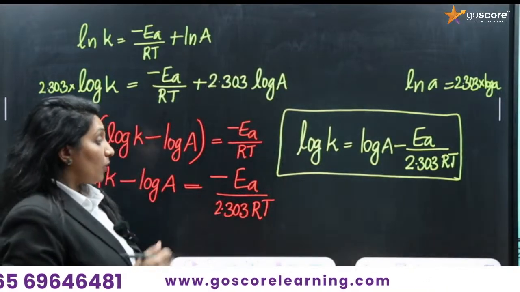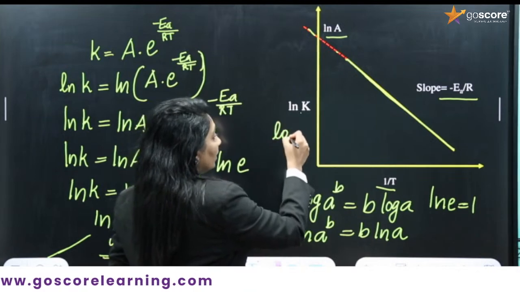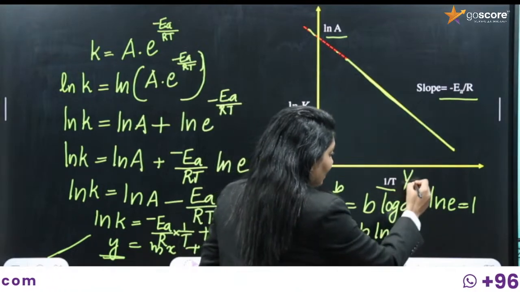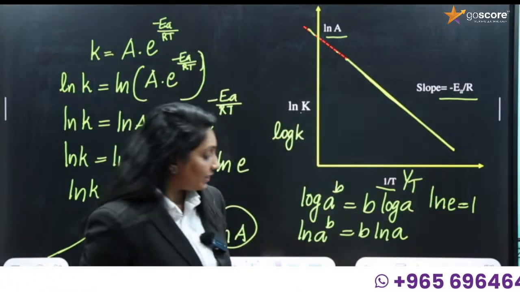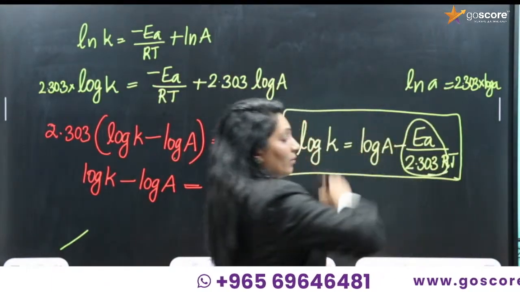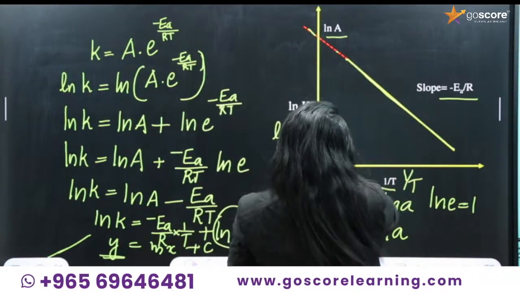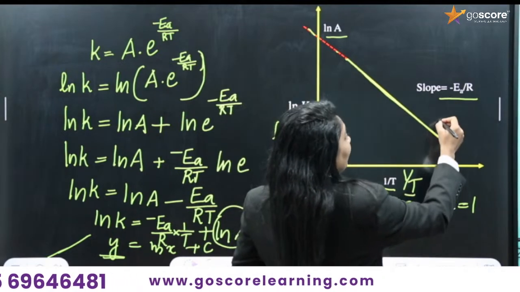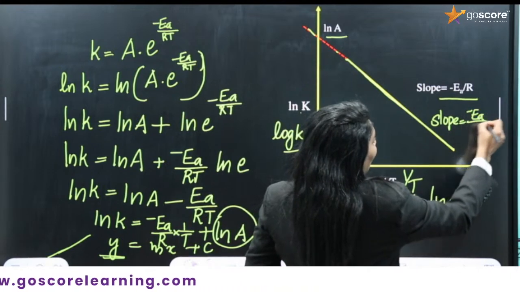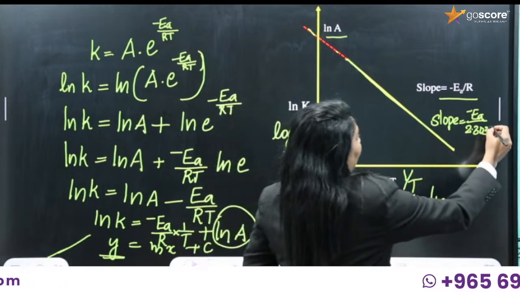Okay, so if you plot the same graph by taking log K on the y-axis and 1 by T on the x-axis, what will be the slope you are getting? See here, what will be the slope we will be getting? It will be minus EA by 2.303 R, right?